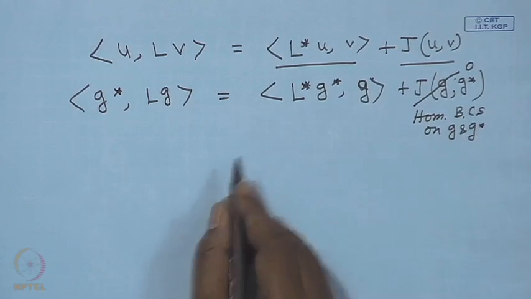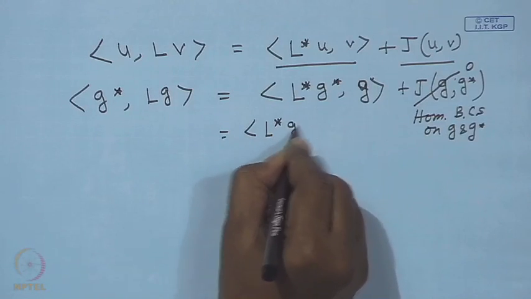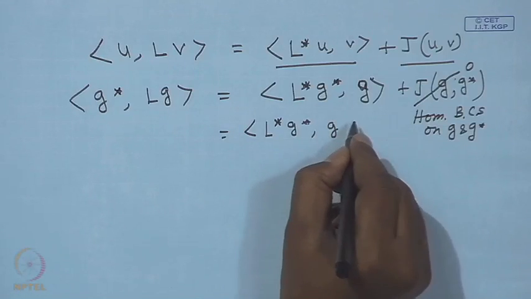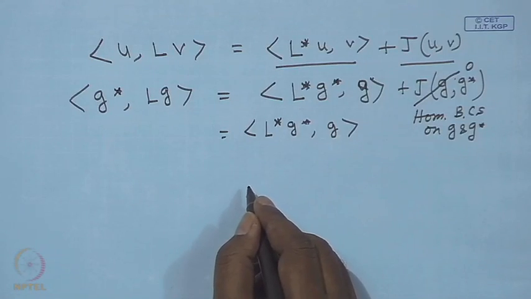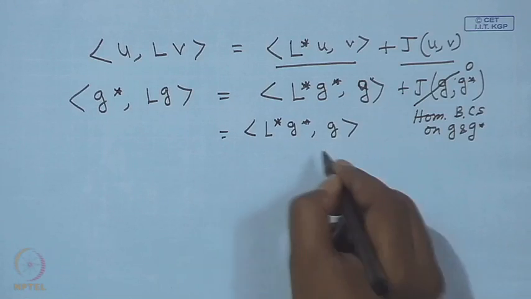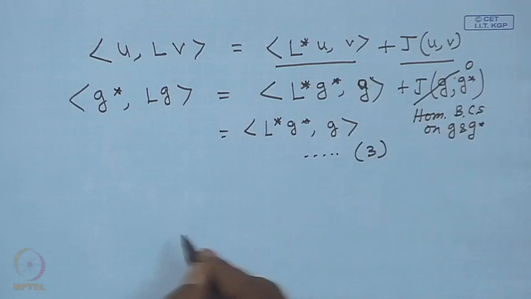We have already seen that. So, this will be nothing but the inner product of L* g*, g. That is the form when you take the inner product of equation 1 with respect to g*. This is equation number 3.